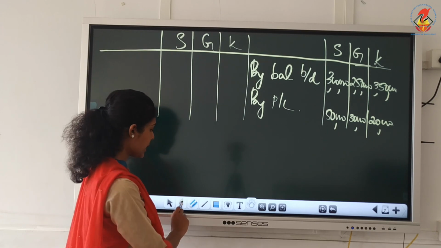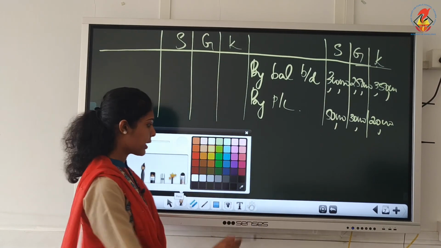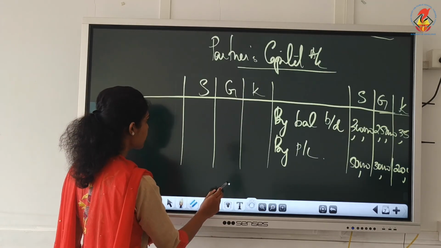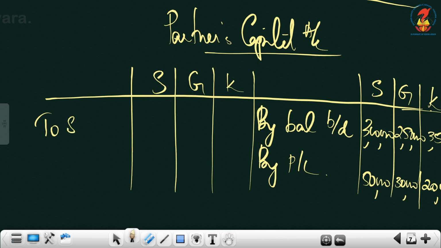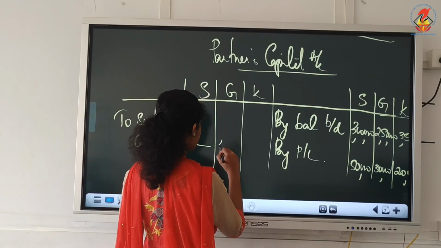And what's the journal entry for goodwill? Gaining partners capital debit to retiring partners capital. So the posting must be done on both sides. To retiring partner means Sushma's capital, and we can write in these two columns. The division is 80,000 and 3,20,000.